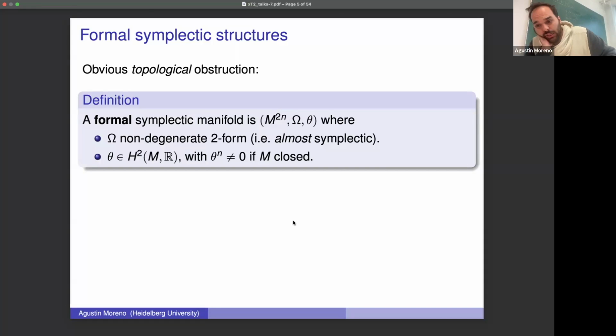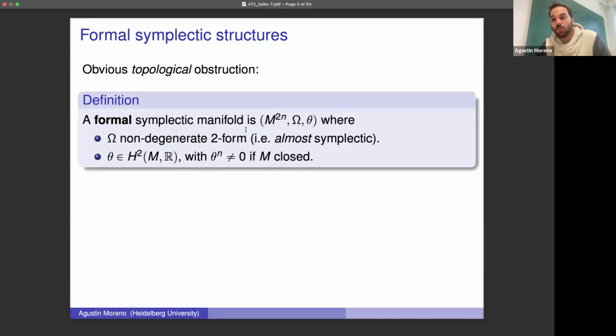This is the data of an even dimensional manifold N, which comes with a non-degenerate two form big omega, sometimes also called an almost symplectic form. So it's not necessarily closed. And then the last piece of data is a cohomology class theta in degree 2, which is non-degenerate in the sense that if the manifold is closed, its top power is non-zero. That's what I will call a formal symplectic structure.